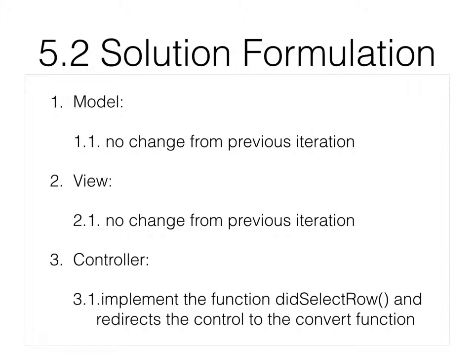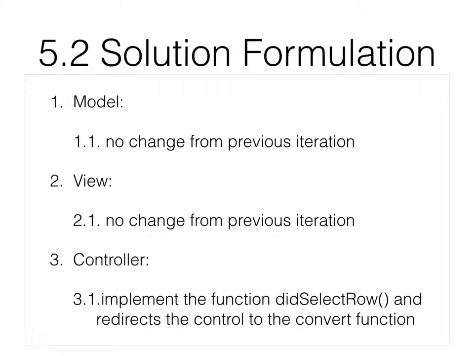Since it's a delegate function, not a function in the picker view or in the controller that we need to change its definition. When we implement it, we're not going to do all the conversions again. The beauty of organizing our software into modules or functions is we can call it. I already have a convert function that knows what to do when it is time to convert. So I can just call that function from didSelectRow.